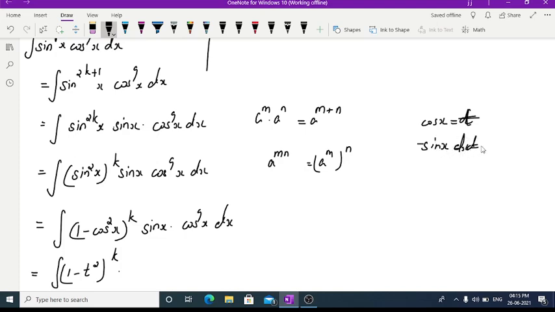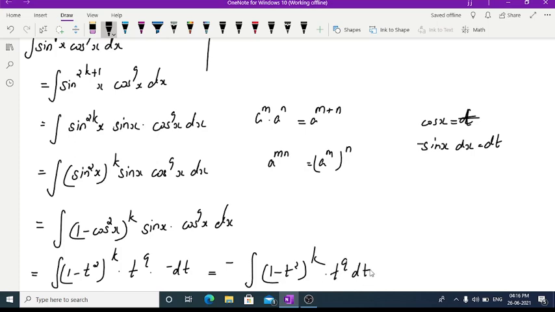So sin x dx is equal to minus dt, and cos x is equal to t, so t raised to q into minus dt. So that is equal to minus, taking the minus outside, integral 1 minus t square all raised to k into t raised to q dt.